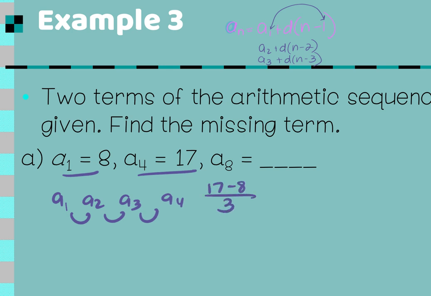That's the easiest way to do it. Couldn't you also just do interchange? Yeah, that's basically what we did, right? We did 17 minus 8, which is f of the second one minus f of the first one, over 4 minus 1, which is 3. It's the same thing. So this becomes 9 over 3, and my change, or d, is 3.